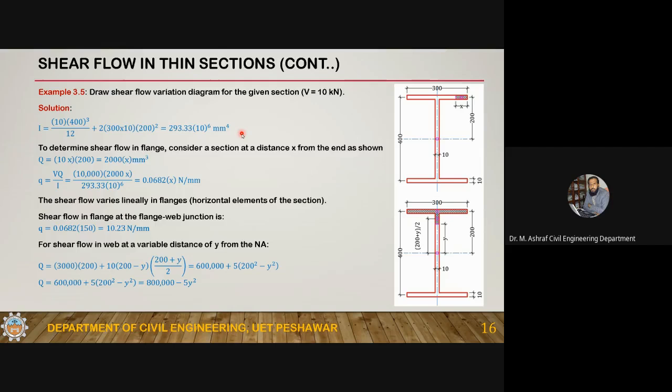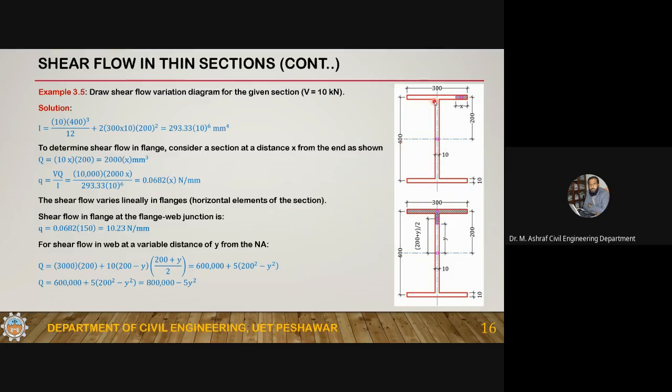Okay, so I'm using this one. You can calculate the exact moment of inertia. How? I'm calculating on my calculator. What will be the exact moment of inertia? You have this bigger rectangle of dimension 300 into 410 cube divided by 12, minus these two spaces. Now the space is 300 minus 10, so 290, into the height.